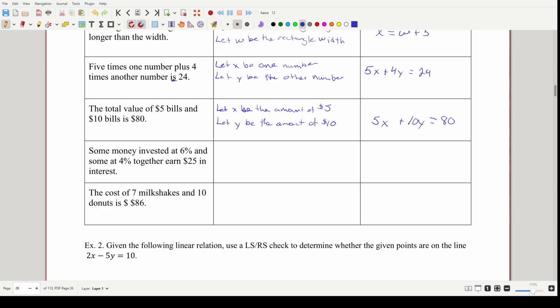So let x be the amount invested at 6%. And we'll do the same thing for y. Let y be the amount invested at 4%.